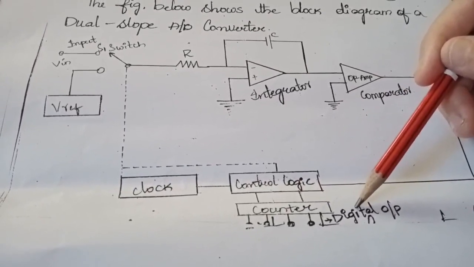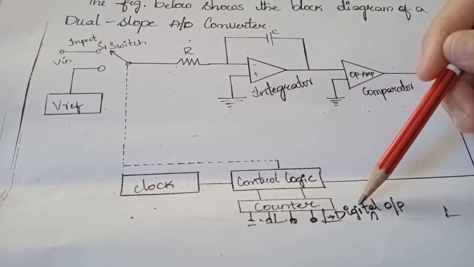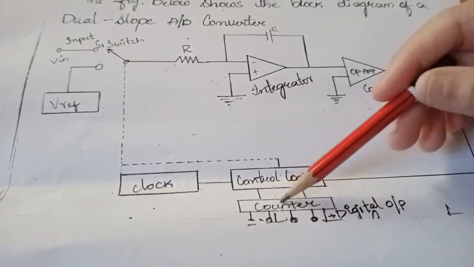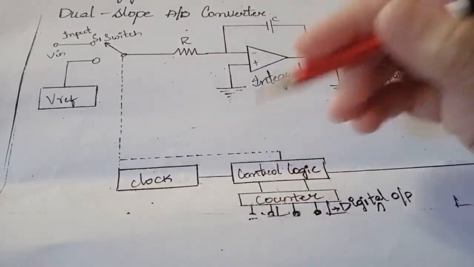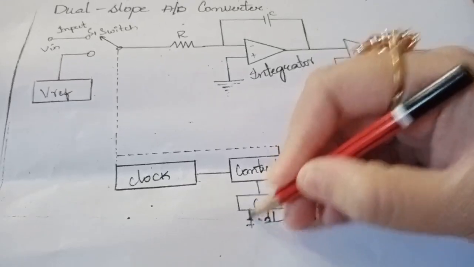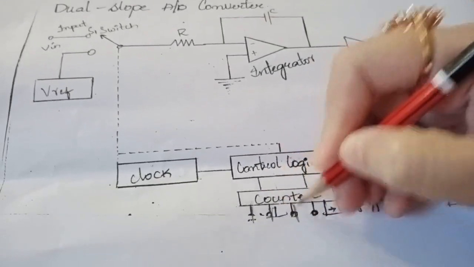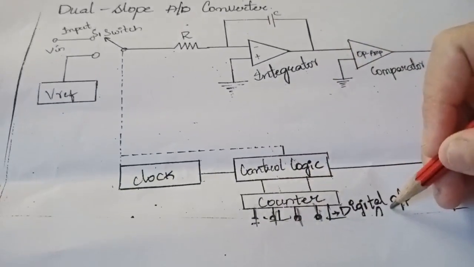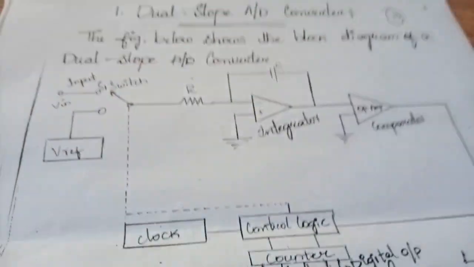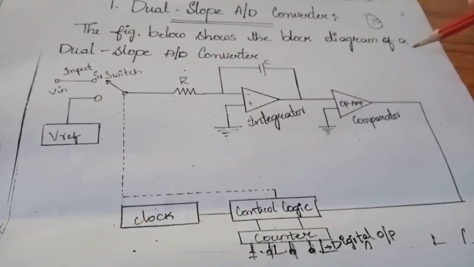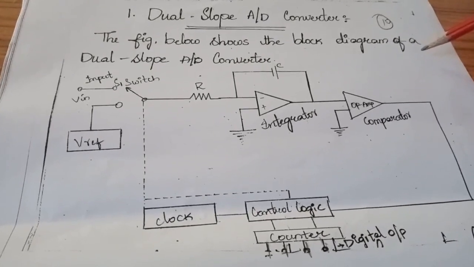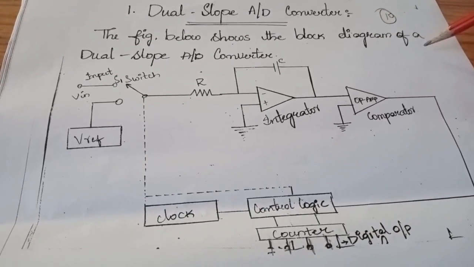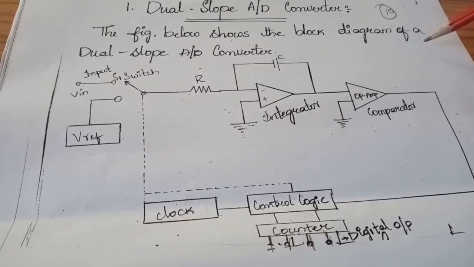Counter means it will count binary numbers, zeros and ones. So it will be counting 4-digit numbers: 1, 2, 3, 4. These are digital outputs, and these are the analog inputs. The first point you will write: the dual slope A to D converter is shown in the figure below. Then you have to draw the diagram.